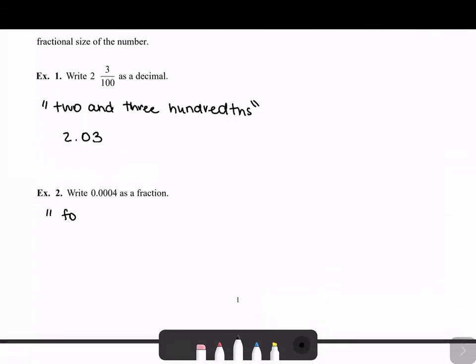Instead of thousandths, this is going to be ten thousandths, because we have 4 places after the decimal, and we only have 4 of those. So this is going to be represented by 4 divided by 10,000, or 4 ten-thousandths. That's a quick review on how to convert decimals to fractions and vice versa. Next time we'll talk about how to use base blocks with decimals.